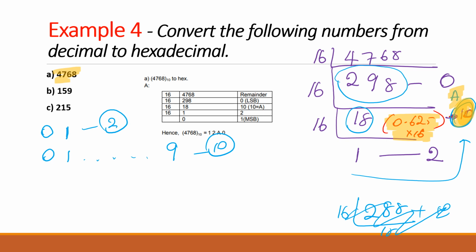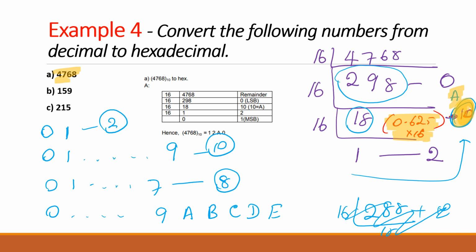Octal means what? You have 0, 1 up to 7. So this one has 8 digits that we call the octal number system. Hexadecimal is 0 to 9 and then you start A, B, C, D, E, F. So all together you have 16 symbols. So that we call the hexadecimal number system.